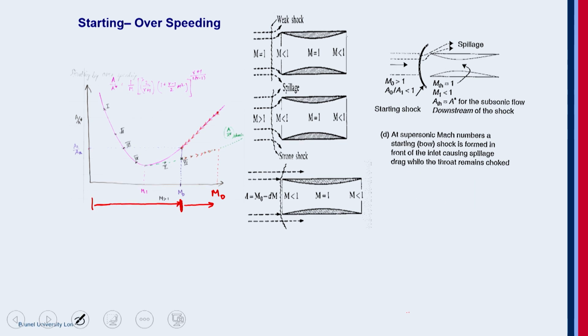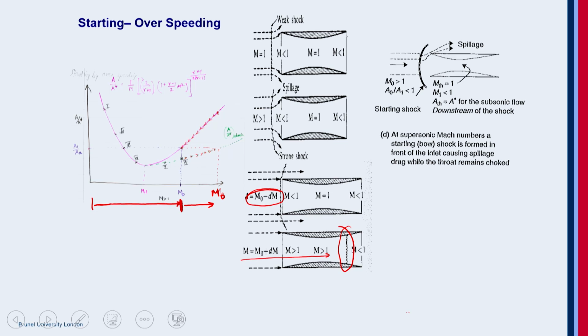So you can see that once it has reached this, you place the shock at the incipient lip, then the shock is swallowed up here. The shock is here. Now the flow all through is isentropic.